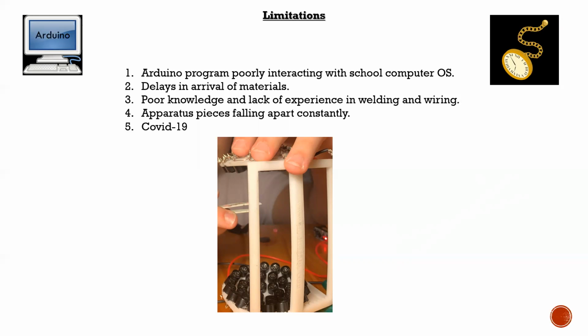Four, the apparatus pieces were constantly falling apart. These miniature speakers were constantly falling out of the ultrasonic levitator whenever I got back to it. Number five was the COVID-19 virus itself.